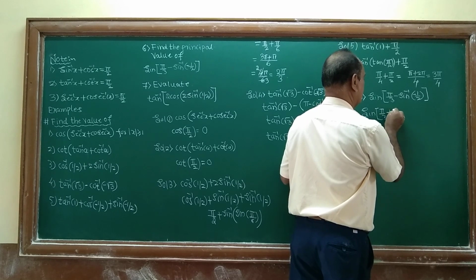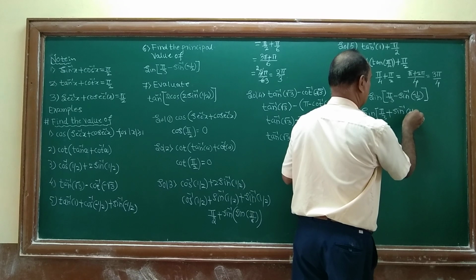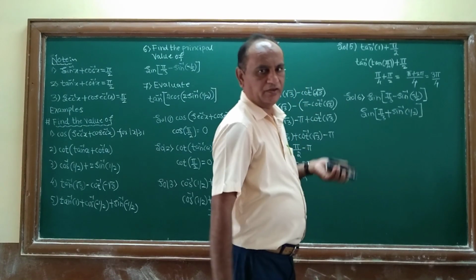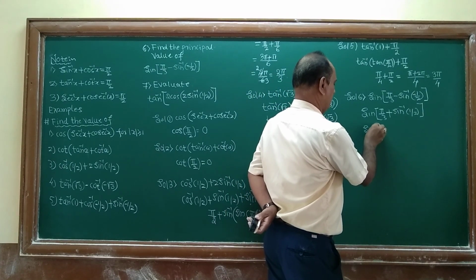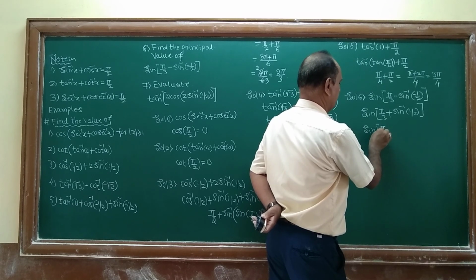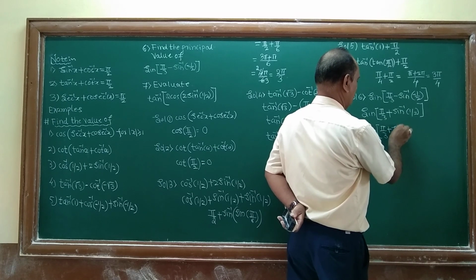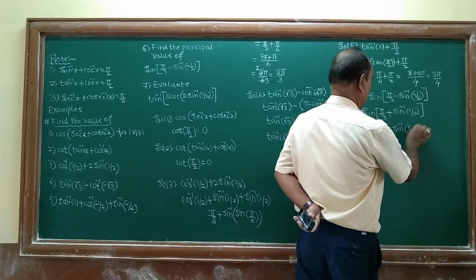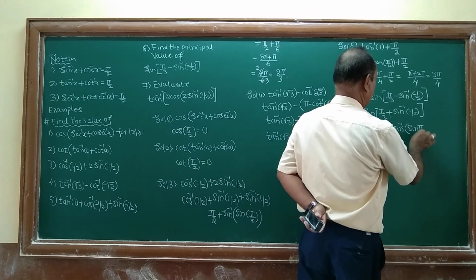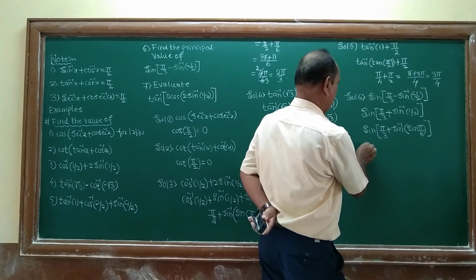Minus of minus means a plus, so sin inverse of 1 by 2. Then the next important step: sin of pi by 3 as it is, plus sin inverse of 1 by 2, the angle is sin of pi by 6. Complete the box bracket.